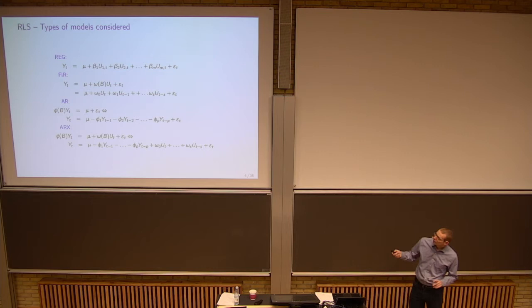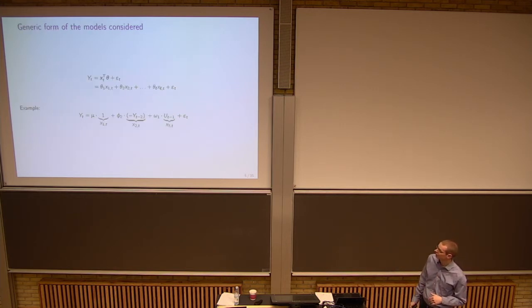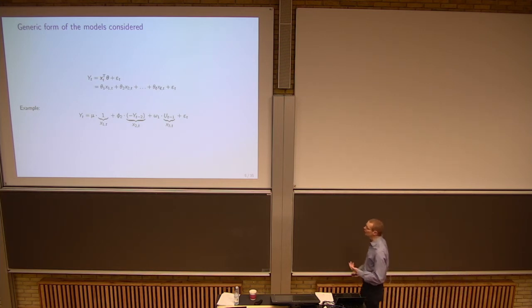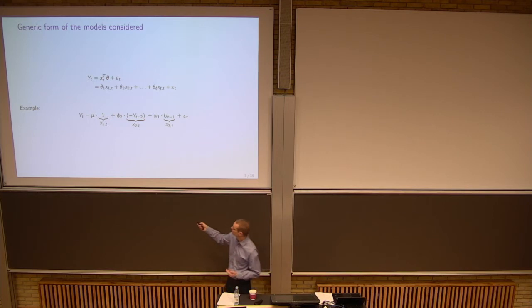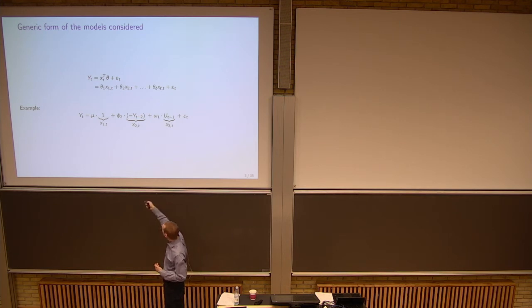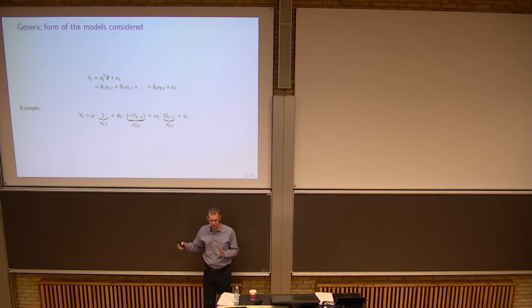Now, the R up there stands for recursive, as in how do we recursively update our estimate of parameters whenever we have new observations. In all these models, we can write it as a combination: you can have a mean value, some autoregressive part, some input, and you have those things as columns in your design matrix.